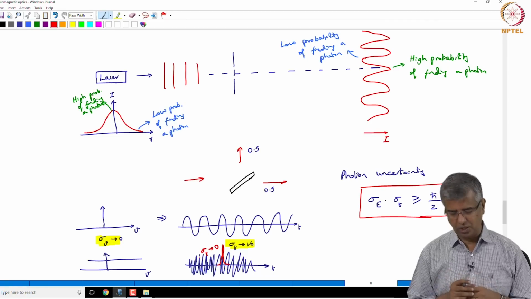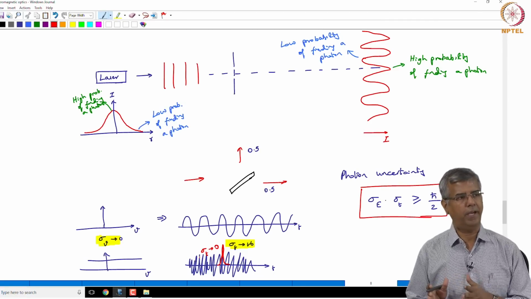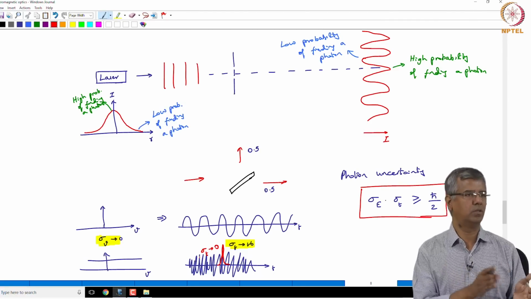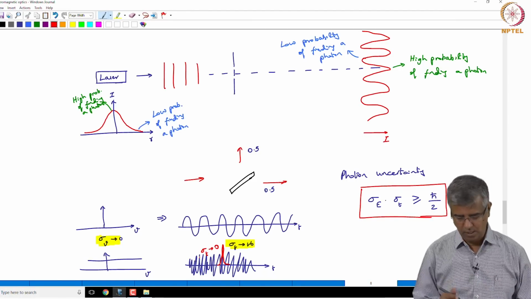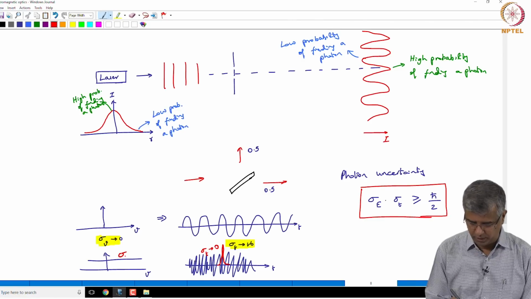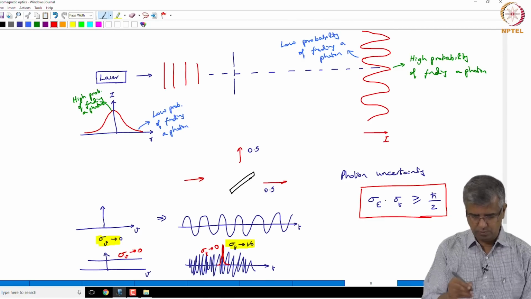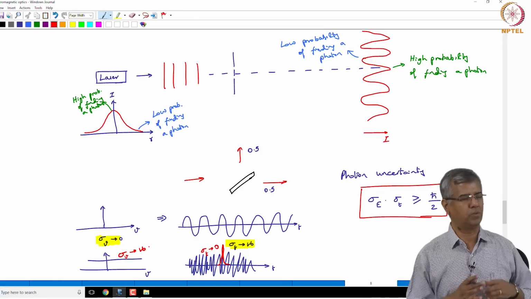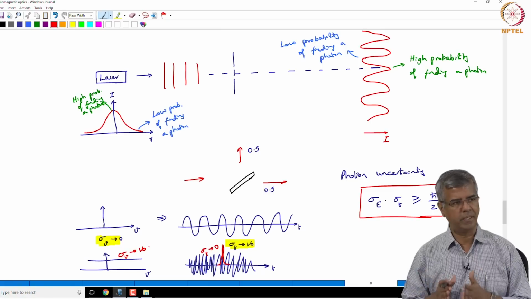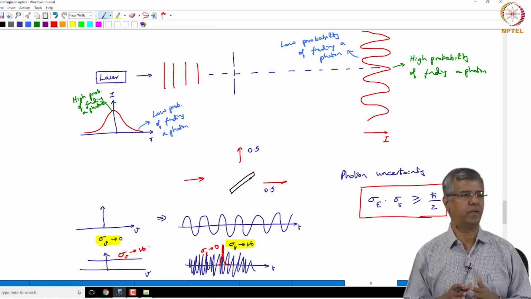If you have an extremely short pulse, through the Fourier transform you find that it corresponds to a large range of frequencies. So this uncertainty in frequency becomes infinity, because by going for the short pulse we are representing a very large spectral band.